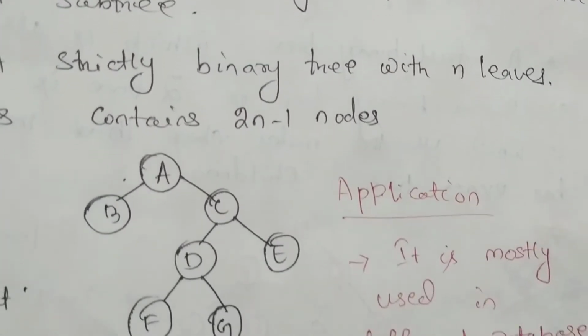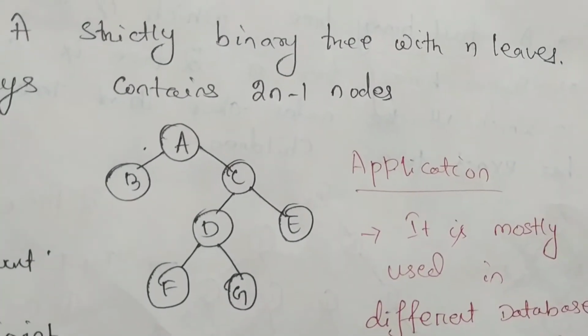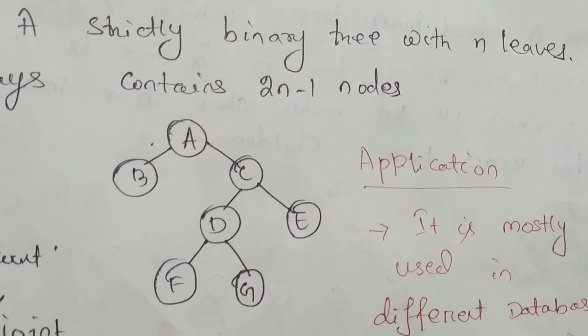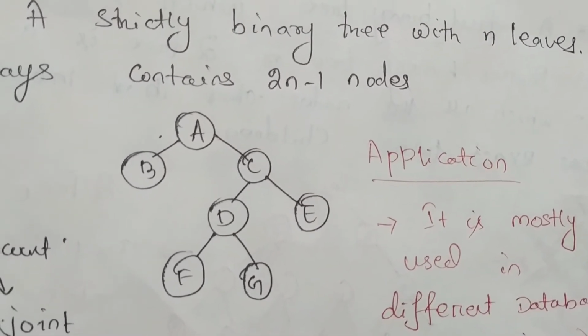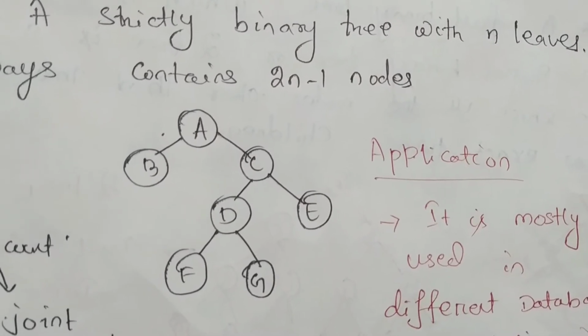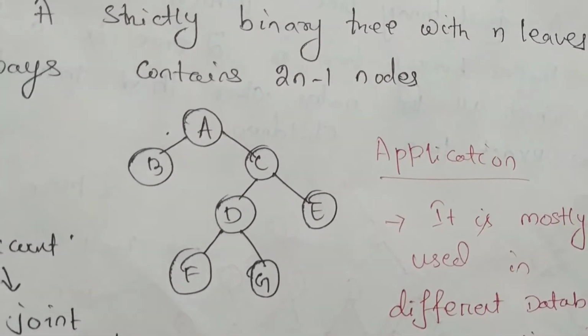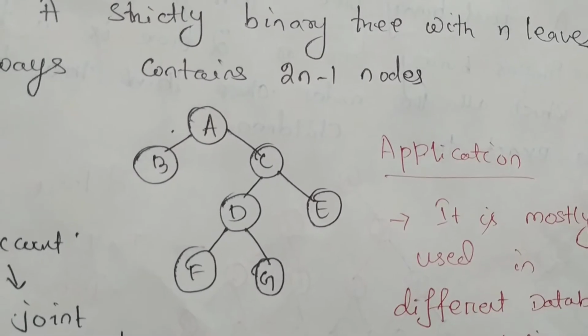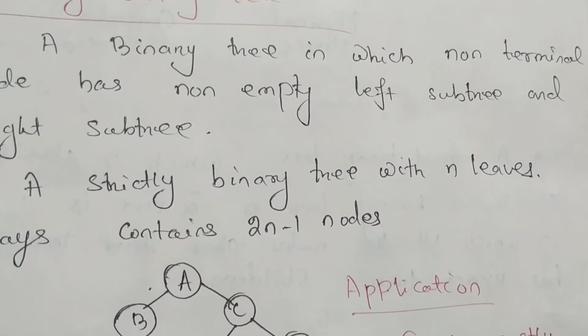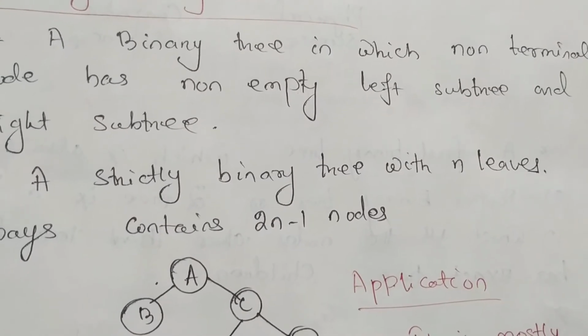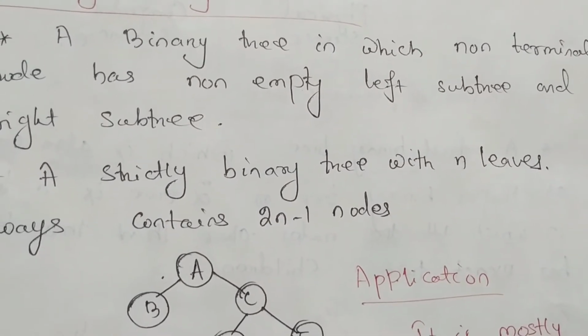As I told you, see this diagram. In this diagram, tell me what the non-terminal nodes are. A non-terminal node means a node having children. So A is a non-terminal node. C is a non-terminal node because C has children. Then D is a non-terminal node. So the definition says a binary tree in which the non-terminal node has a non-empty left subtree and right subtree.